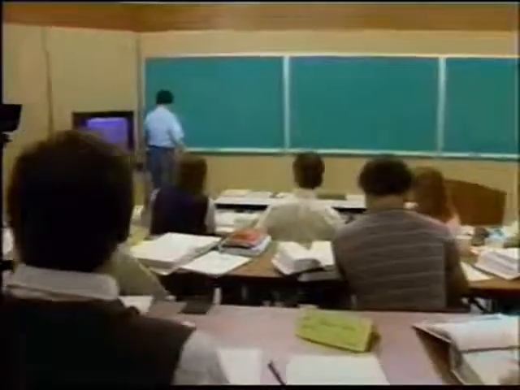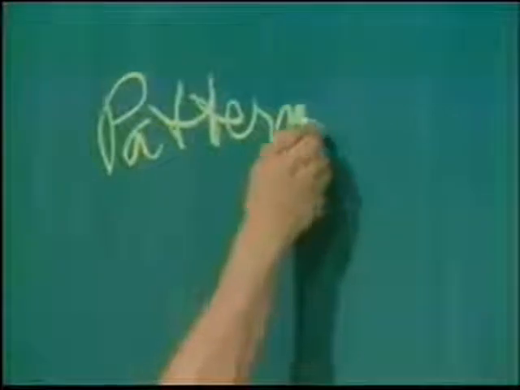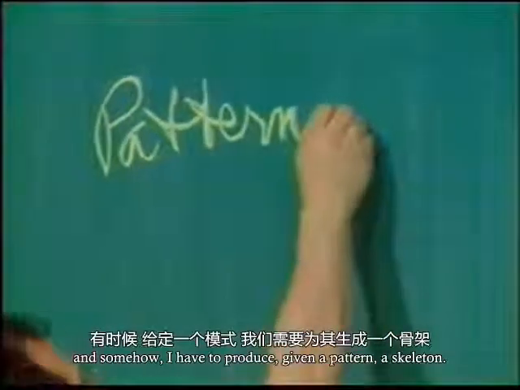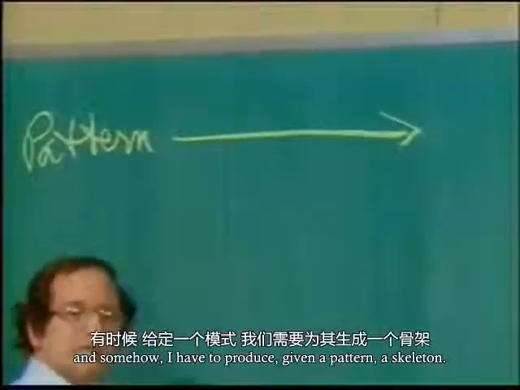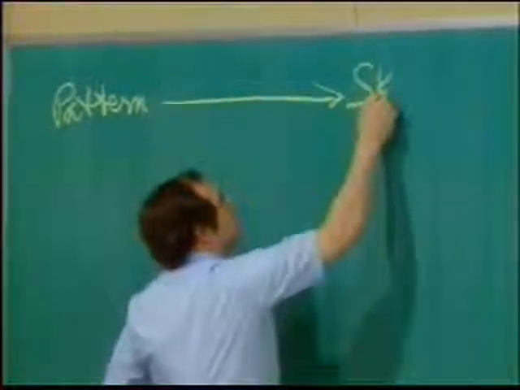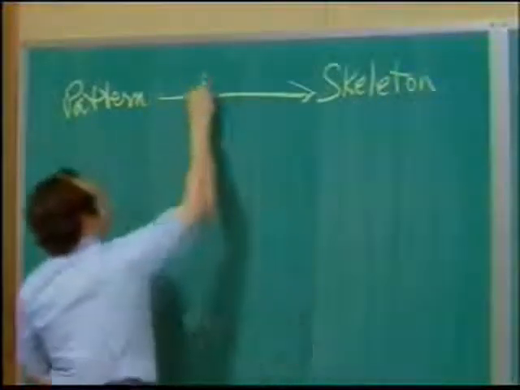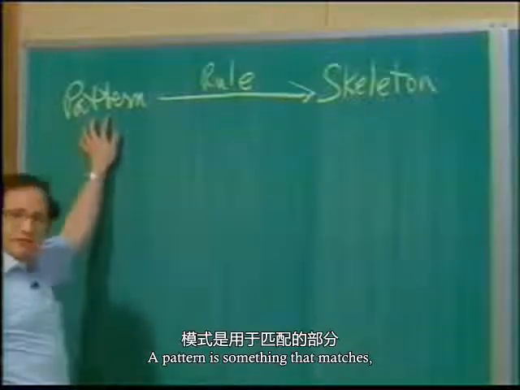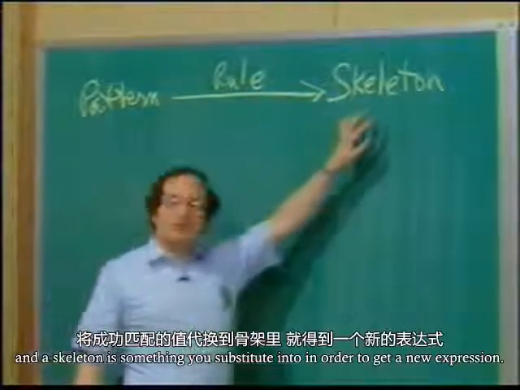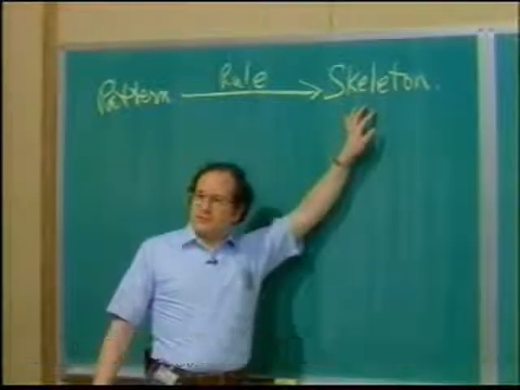So all rules on this page are something like this. I have patterns. And somehow I have to produce, given a pattern, a skeleton. This is a rule. A pattern is something that matches, and a skeleton is something you substitute into in order to get a new expression.